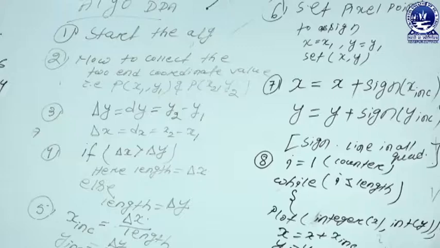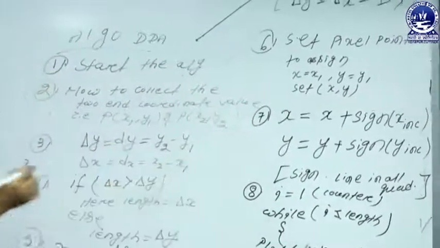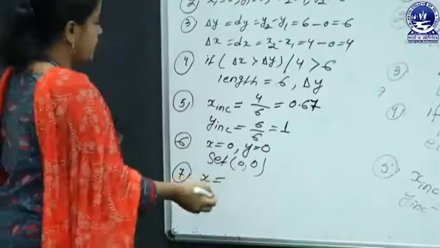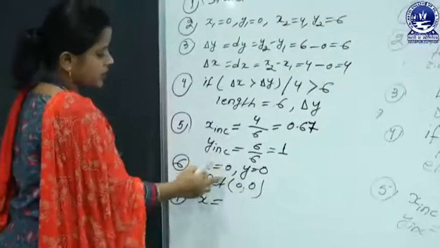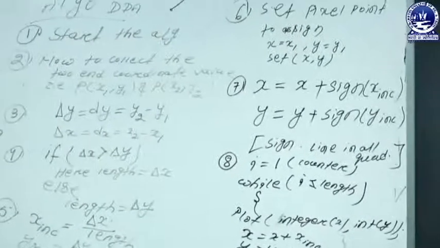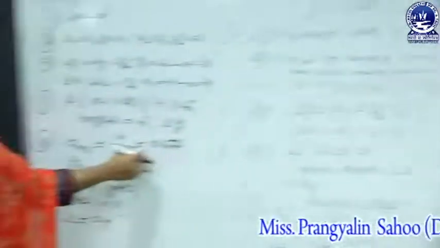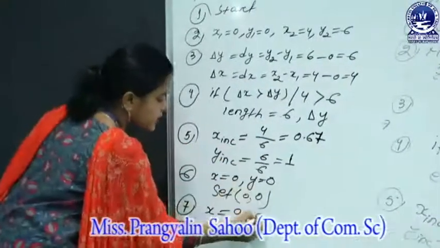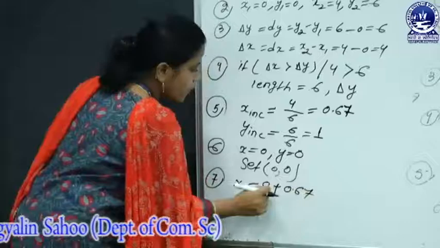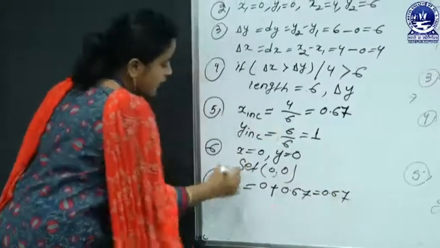Now find the next intermediate coordinate points, x and y. Here x is calculated as the previous x value, which is 0, plus the sign of the x incremental value, that is 0.67. So 0 plus 0.67 is 0.67.